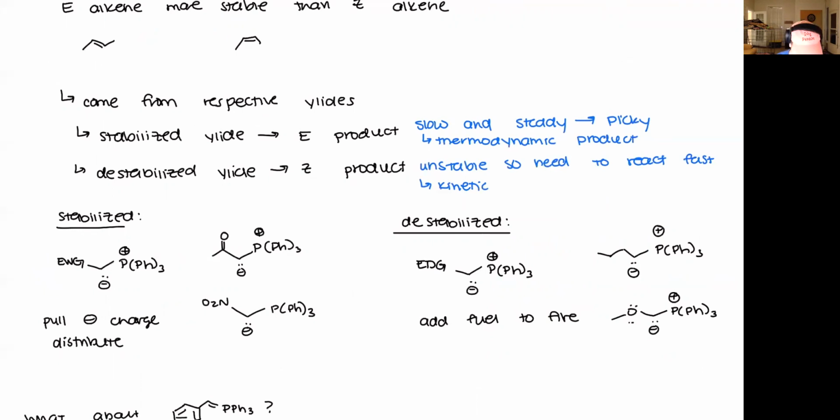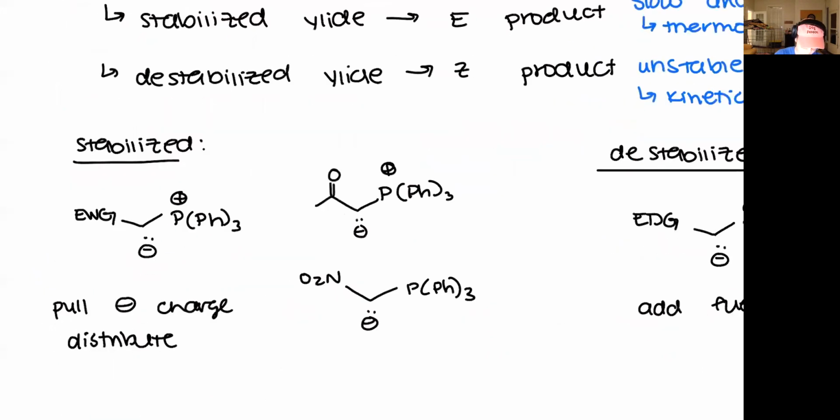The reasoning is that we have a negative charge right here, and if we can push that around and give some of that negative charge to the electron withdrawing group, this carbon right here doesn't take the full force of the negative charge. It can move around and won't make that carbon super unstable by having all of that negative charge on that one carbon.